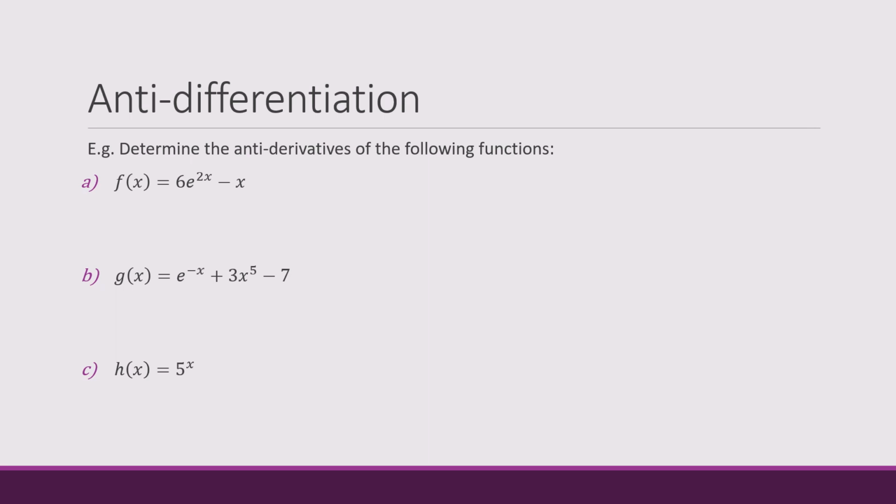If we've got a couple of functions here to integrate, the integral of 6e to the 2x minus x dx equals, this first part is an exponential, so that'll just be itself, 6e to the 2x, but we will divide by 2 because 2 is the derivative of my power.